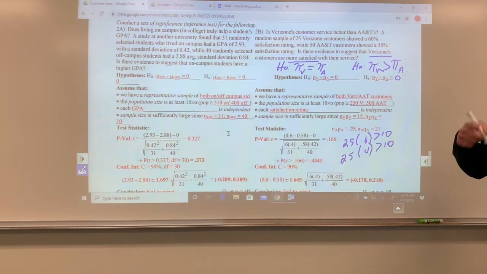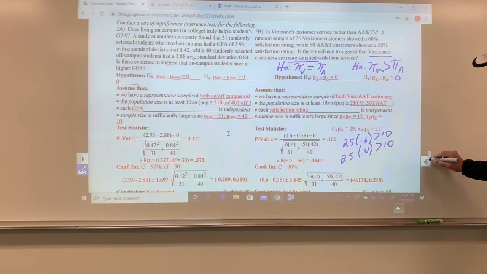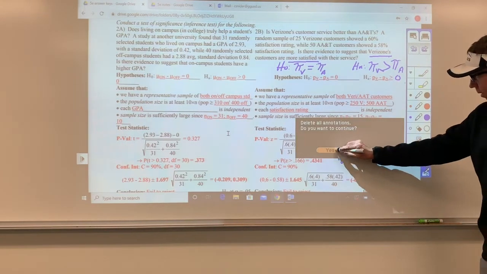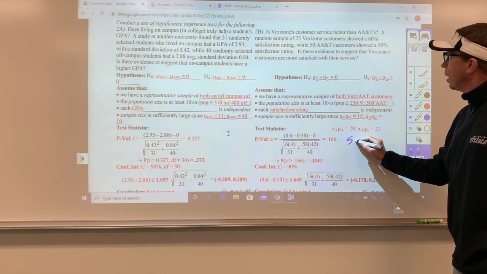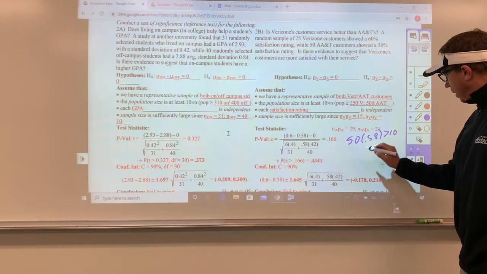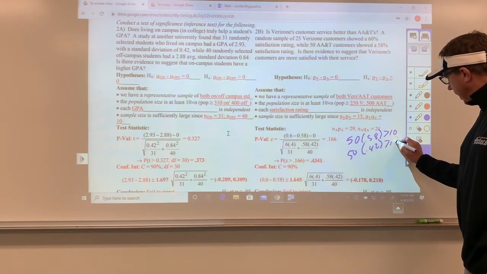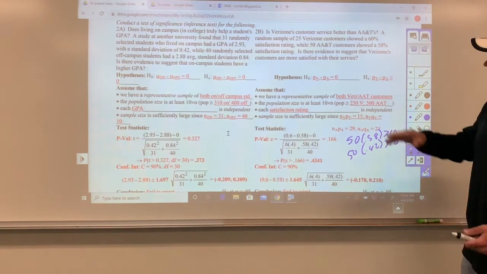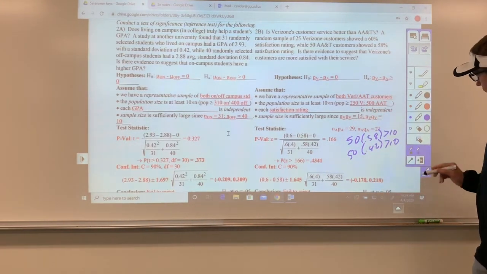And then you got to do it again for the AT&T one. I'm going to go 50 times 0.58 is greater than 10, and 50 times 0.42 is greater than 10, okay? And that encompasses that particular one. Okay, so that's step 2.